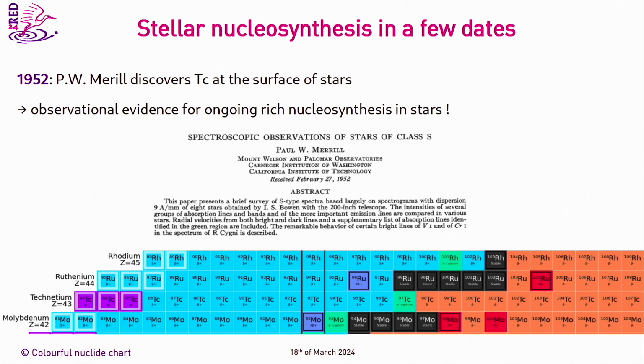Technetium is not stable. And some of the technetium isotopes are long-lived, a bit long, but not that long. And so actually observing technetium in the atmosphere of stars means that there's nucleosynthesis going on, because from the early universe, it couldn't have survived. So if you see it, it's been synthesized inside the star.